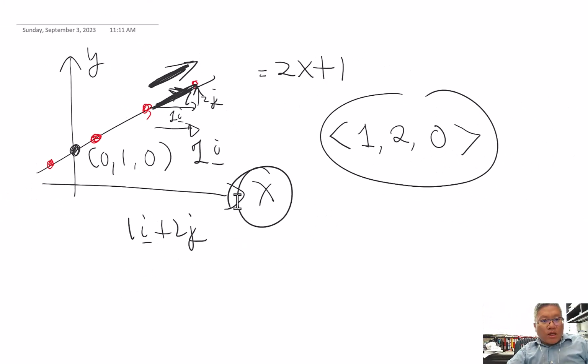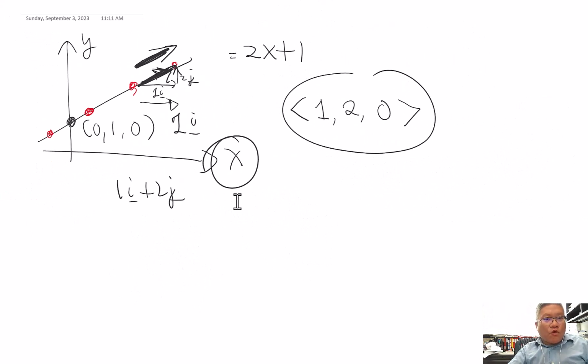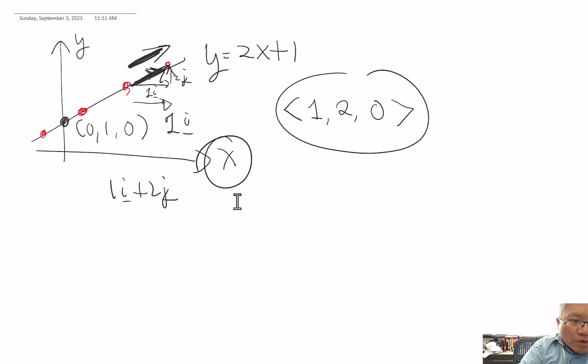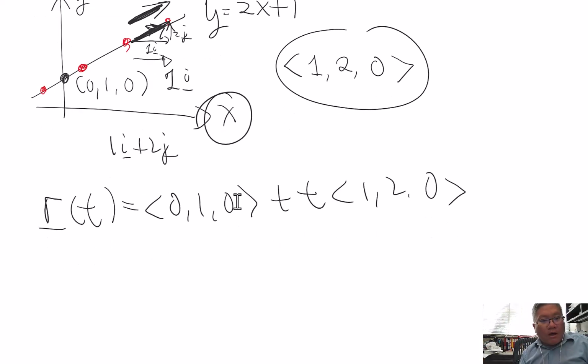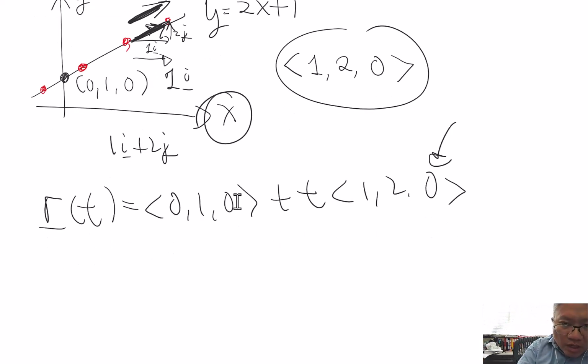And now we can use the setup that we have before. We can write r(t) to be (0, 1, 0) plus t times (1, 2, 0). If you ignore the k, because there's no k component here, you can simply write this with x equal to 0, y equal to 1.